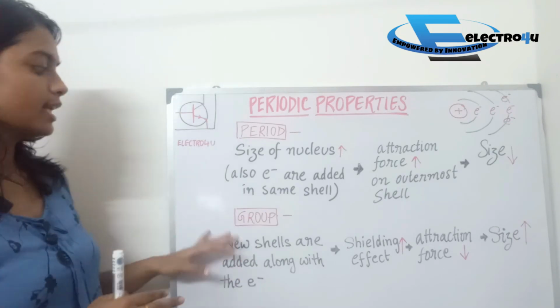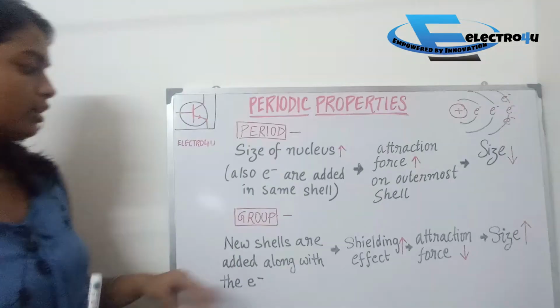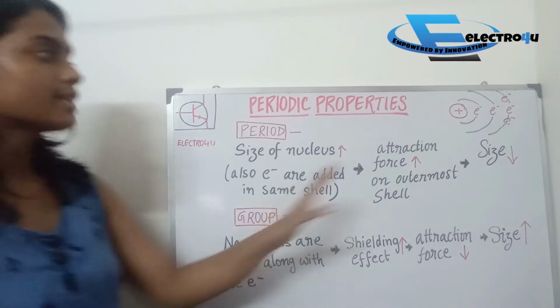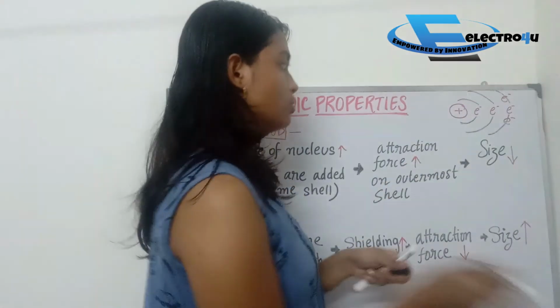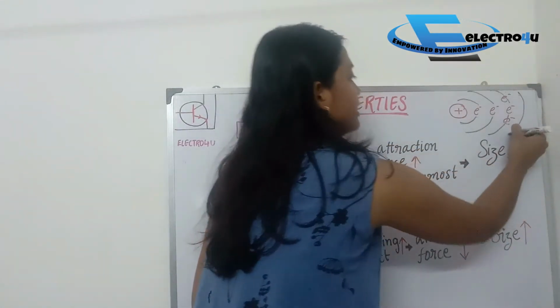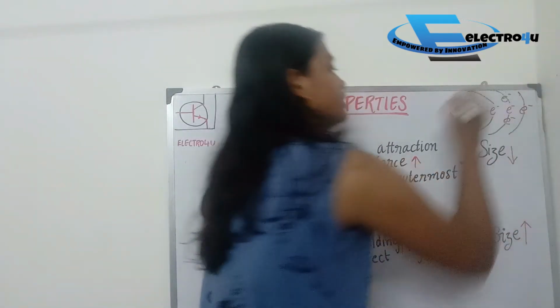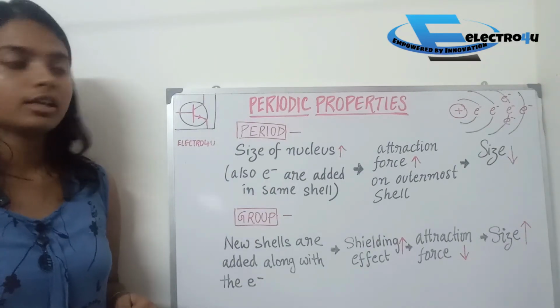Now if we see along the group, that means from top to bottom, there the new shells are added along with the electron. Here the size of the nucleus remains the same, but a new shell is added along with an electron in that shell. So due to the increase in the number of shells, what happens?